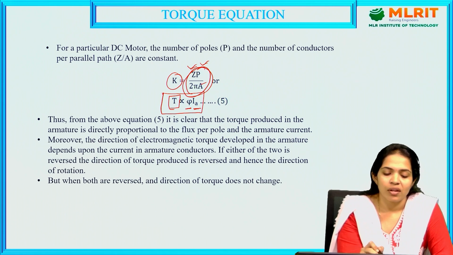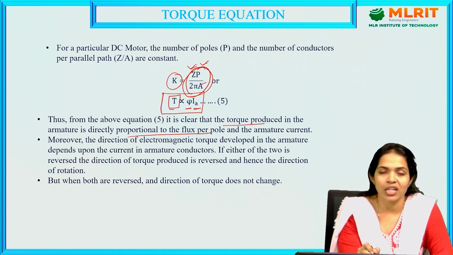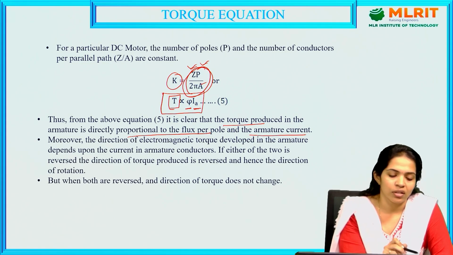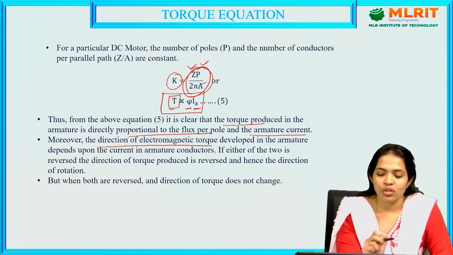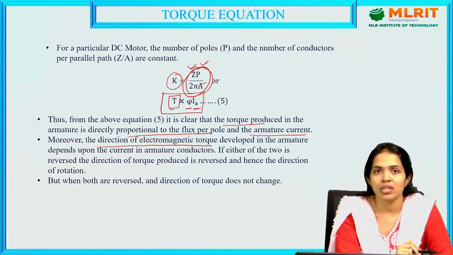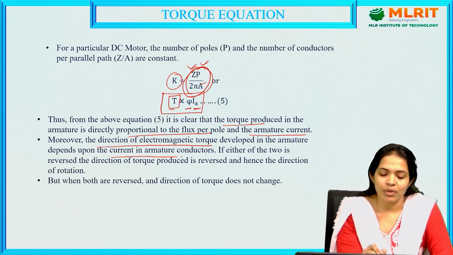So from this equation, it is clear that the torque produced is directly proportional to the flux per pole and the armature current. Moreover, the direction of electromagnetic torque developed in the armature depends on the current in the armature conductors.